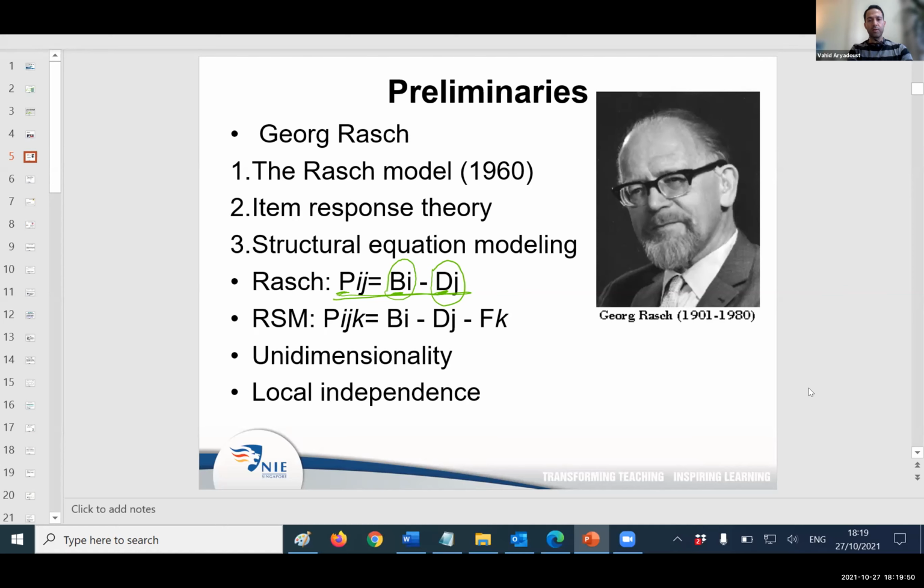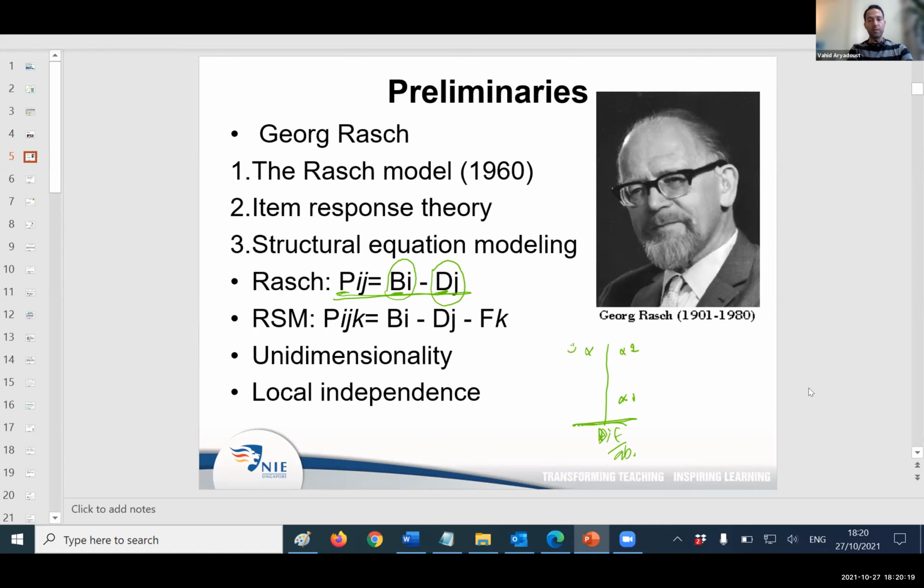So let's say you have this line of difficulty and ability. If the item is here in terms of its difficulty, whereas you're here in terms of your ability, this is item 1, this is item 2, okay? And this is you.